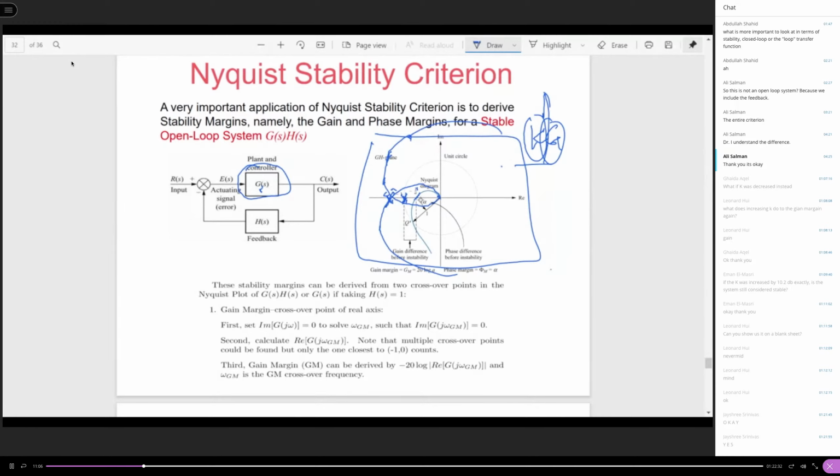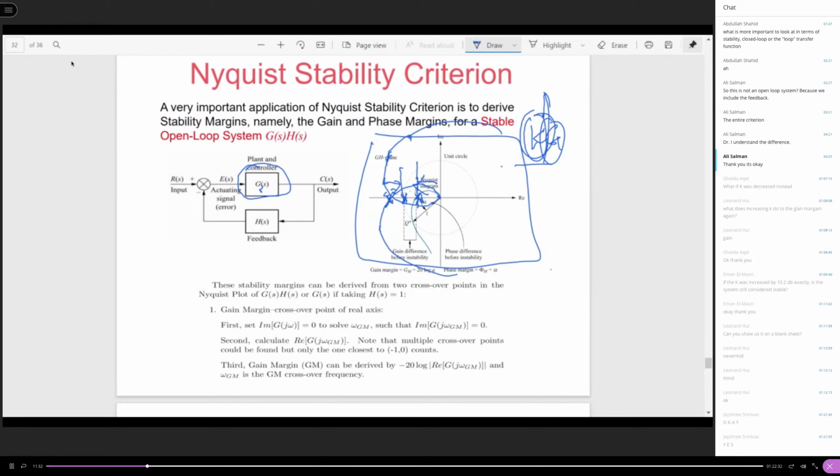Because of that, we define this distance as the gain margin, because this is how much you can increase k starting from this point. So we call it the gain margin.